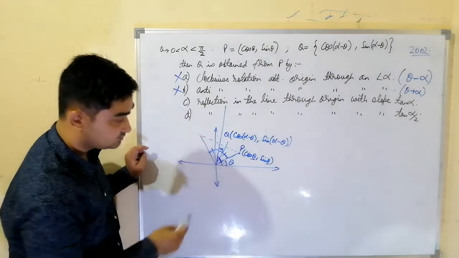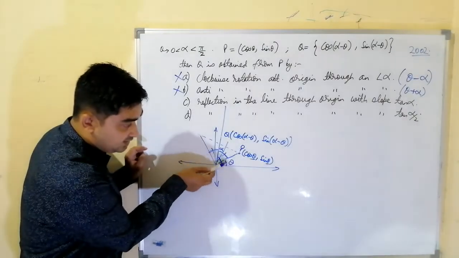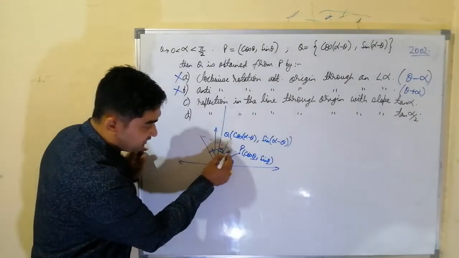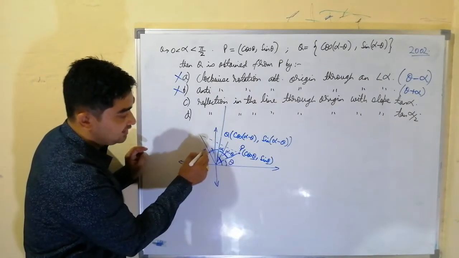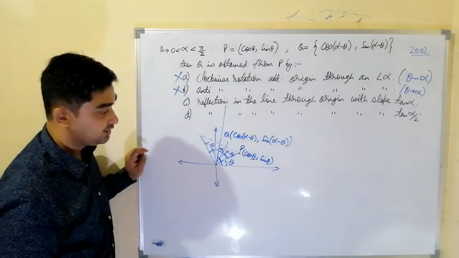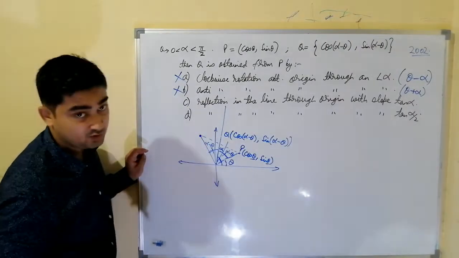So find out this. This total angle is alpha and this is theta. Then this angle will become alpha minus theta. Here also we will have alpha minus theta. Now what is the argument of this point?